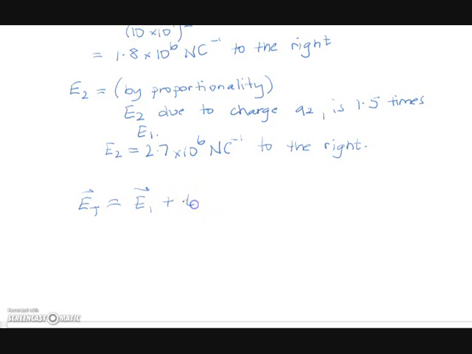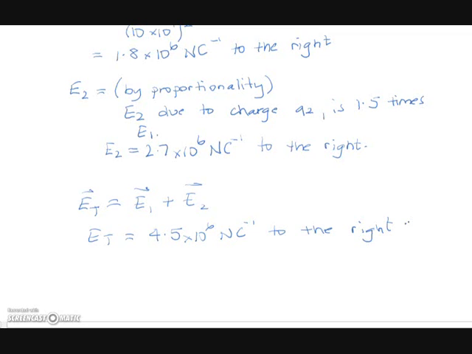So E total is going to equal, if we add those two together, 4.5 times 10 to the 6 newtons per Coulomb. And because we're adding on to the right, it's again going to the right.